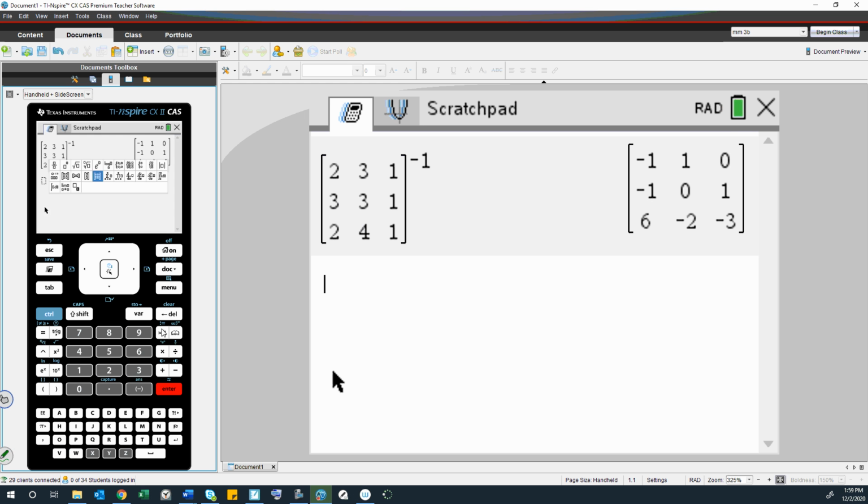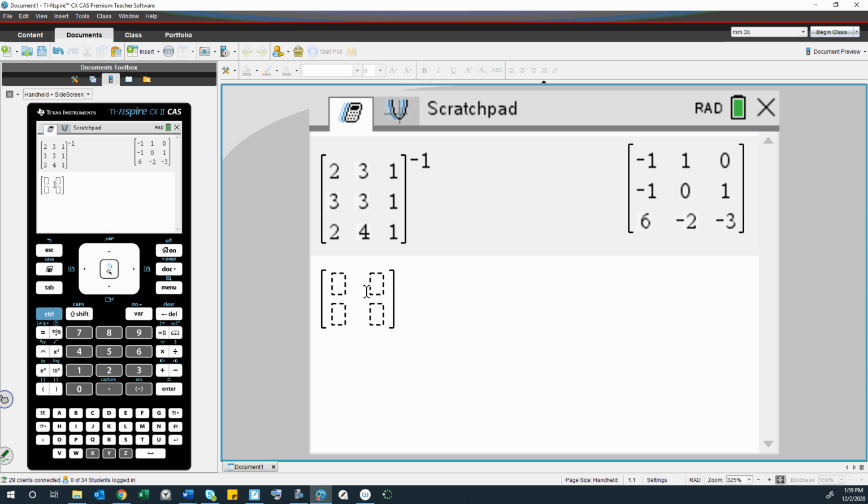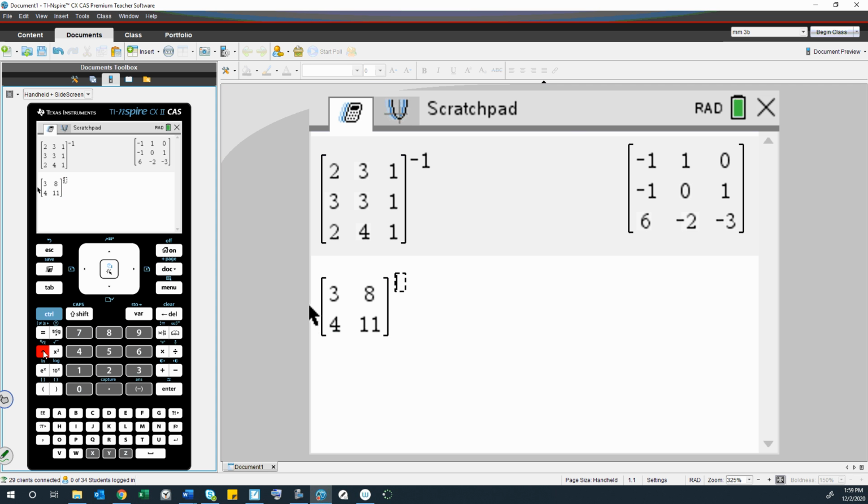I'm going to my button where I can pull up a matrix. I want a 2 by 2. 3, 8, 4, 11. Okay, so we can find the inverse this way.